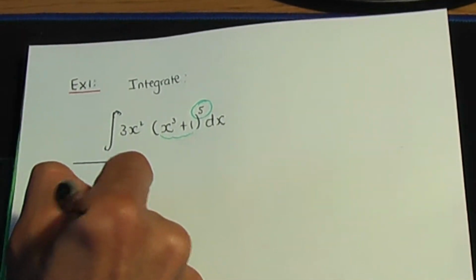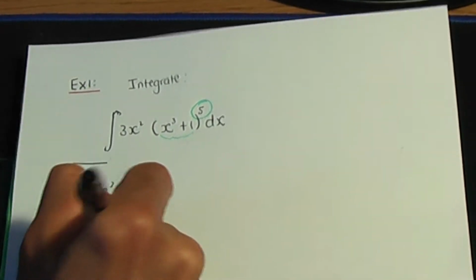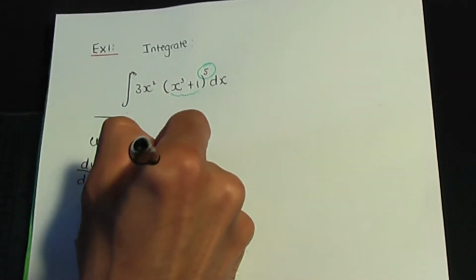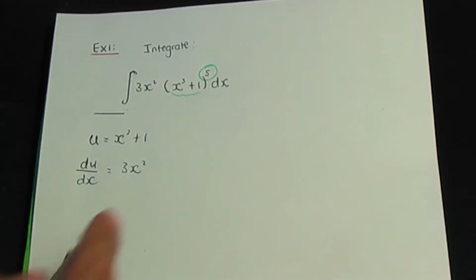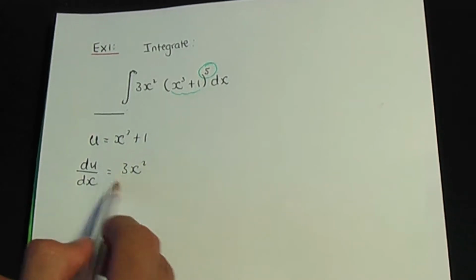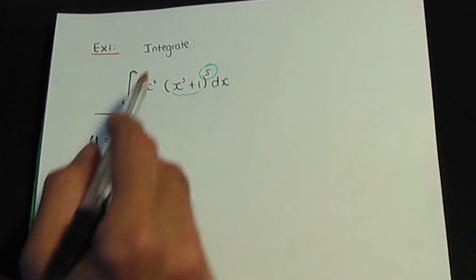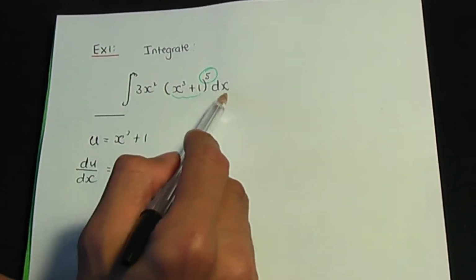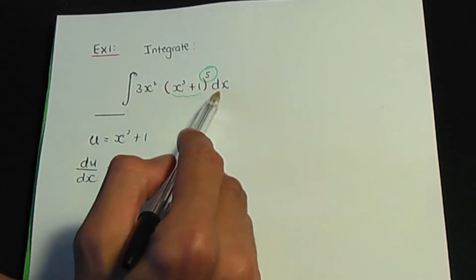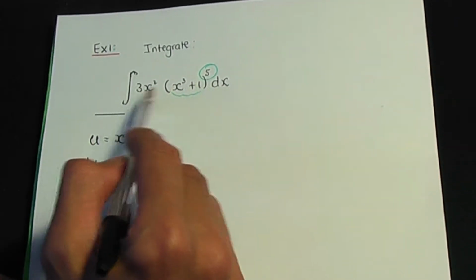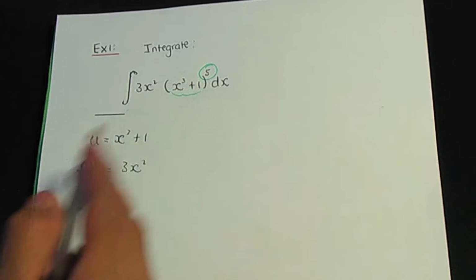So du by dx, when I differentiate, we're going to have 3x squared. Okay. So 3x squared, the du over dx term, is related to the terms remaining. So substitution is going to work. So let me continue substitution.